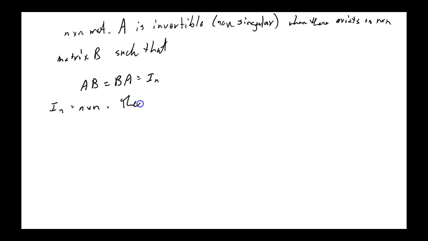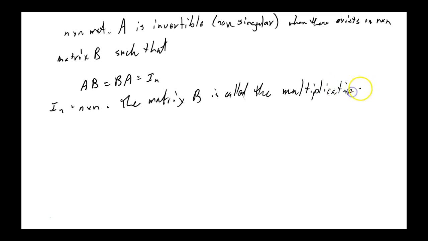The matrix B is called the multiplicative inverse of the matrix A.